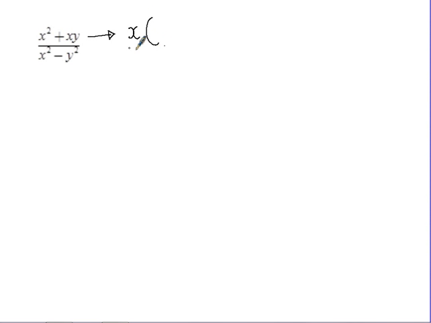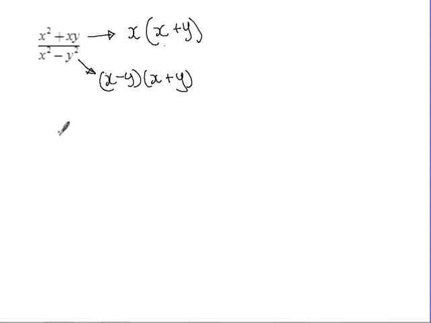So we have x, and x into x squared goes x, and x into plus xy goes y. That's the numerator. The denominator is the difference of two squares, so we just apply that identity. So we have x minus y times x plus y in the denominator.